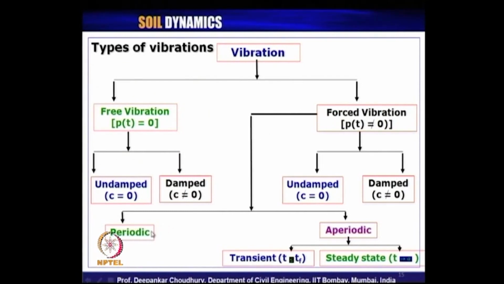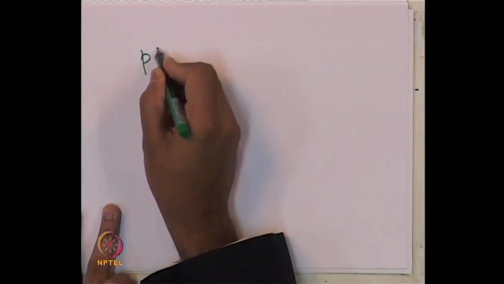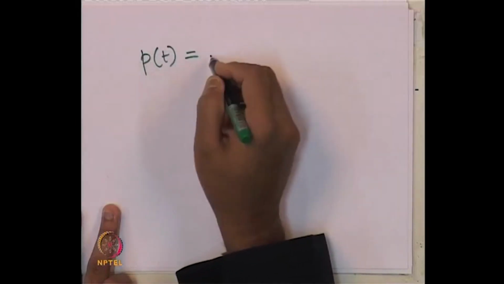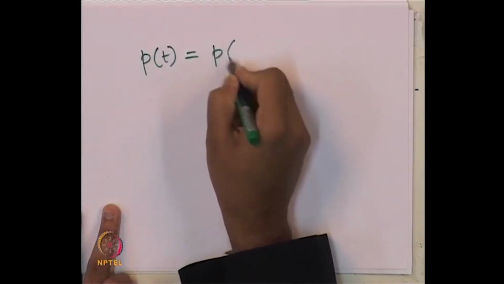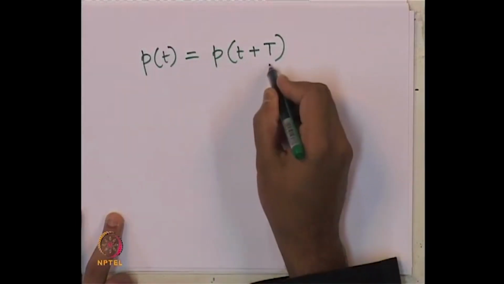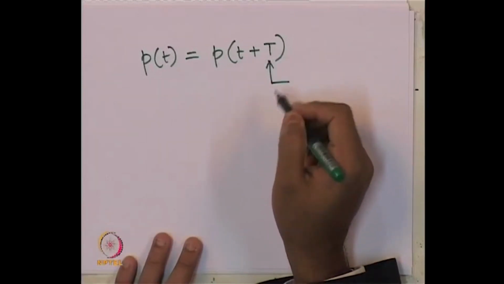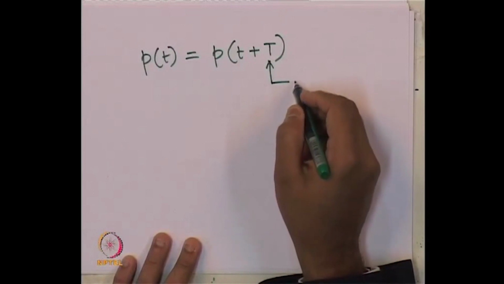One is called periodic forced vibration, another is called aperiodic forced vibration. What is periodic forced vibration? Periodic forced vibration is such that we have a system where this P of t repeats its nature after a certain period. In the previous lecture, we discussed this capital T is generally denoted as natural period.